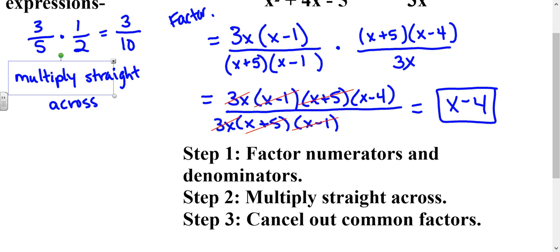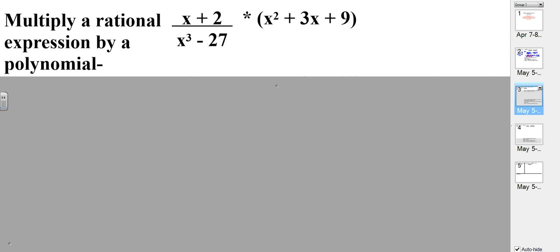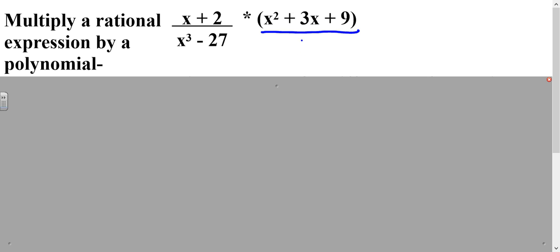All right. So let's say I'm just multiplying a rational expression, which is a fraction, with a polynomial. Okay? Well, when I'm multiplying fractions, I like to make sure that both of my things that I'm multiplying together are fractions. So the easiest way to do this would just be to turn this into a fraction by putting a 1 on the bottom.